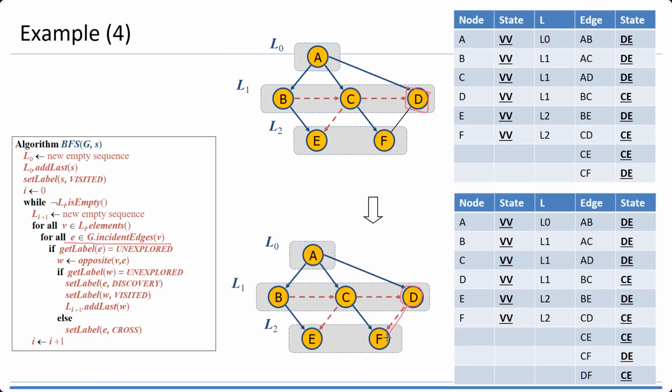So we have this incident edge, and then get the opposite of D, which is F. Then let's check if the label of F is unexplored. F is already visited. Then it means we will set the label DF as a cross edge. So it is not a discovery edge, but it is a cross edge.